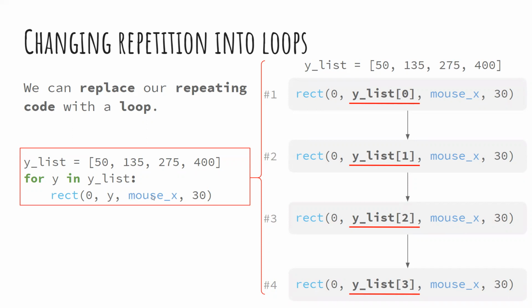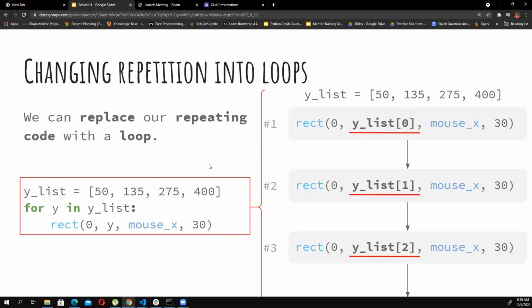So we basically put in the parameters that the rect function has. Y over here is going to be replaced by 50 at the beginning. For the next execution, it's going to be 135. For the third execution, it's going to be 275. For the fourth execution, it's going to be 400.